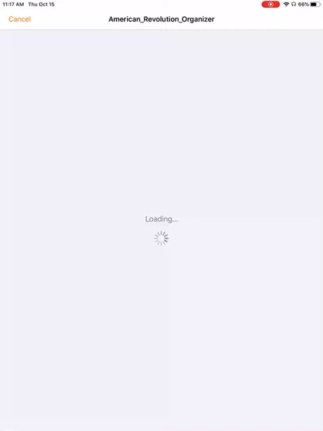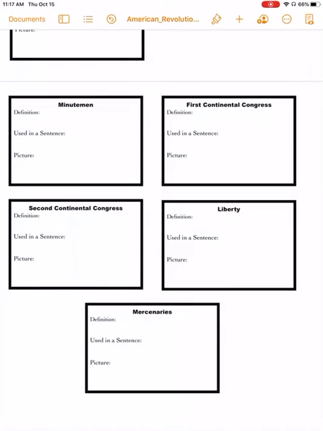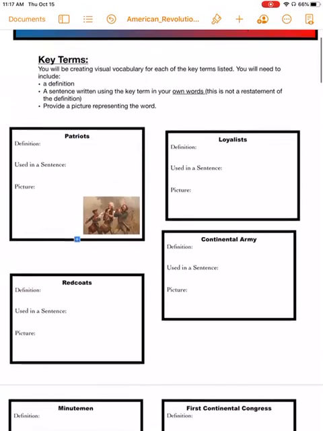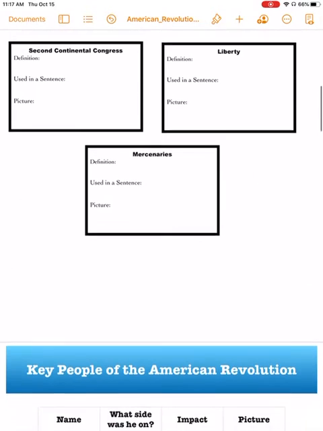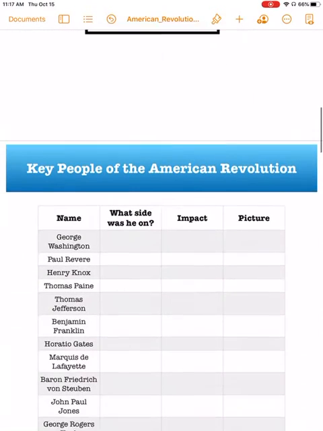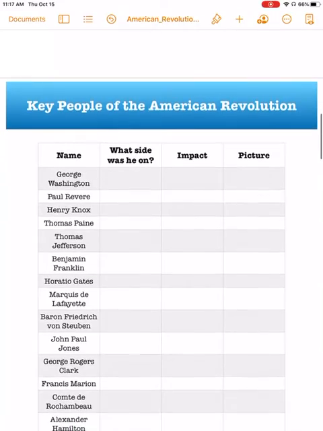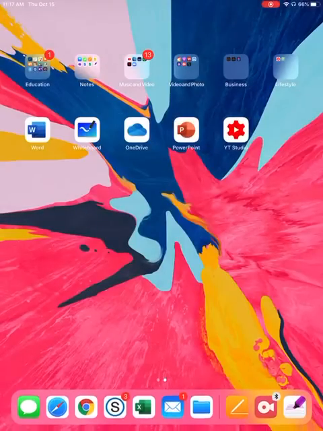It should already be in Pages. Mine's just taking a little bit to download. You should have already done your key terms from yesterday. What you're going to do now is some of the key people and battles.